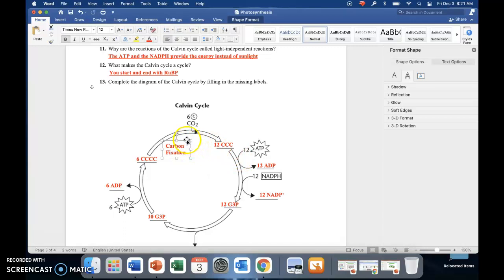And then that carbon fixation is what is going to produce over here our phosphoglycerate. Next, we have our reduction. During reduction is when the phosphoglycerate gets converted into our G3P.